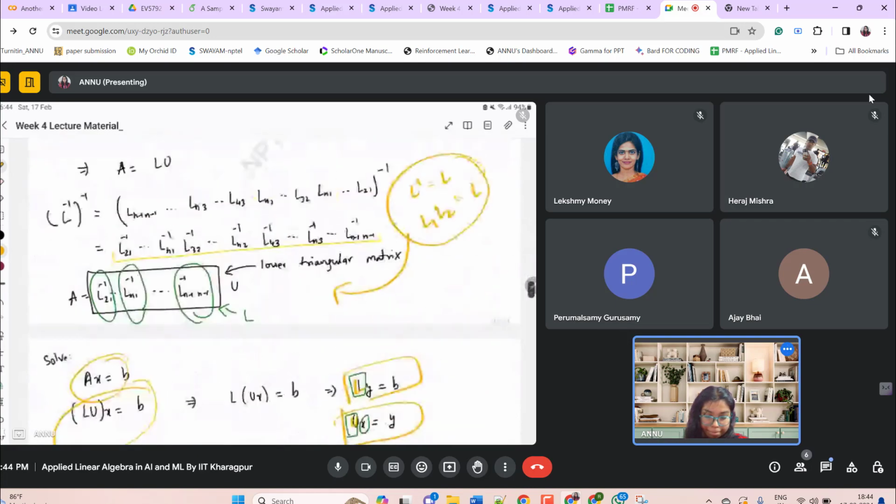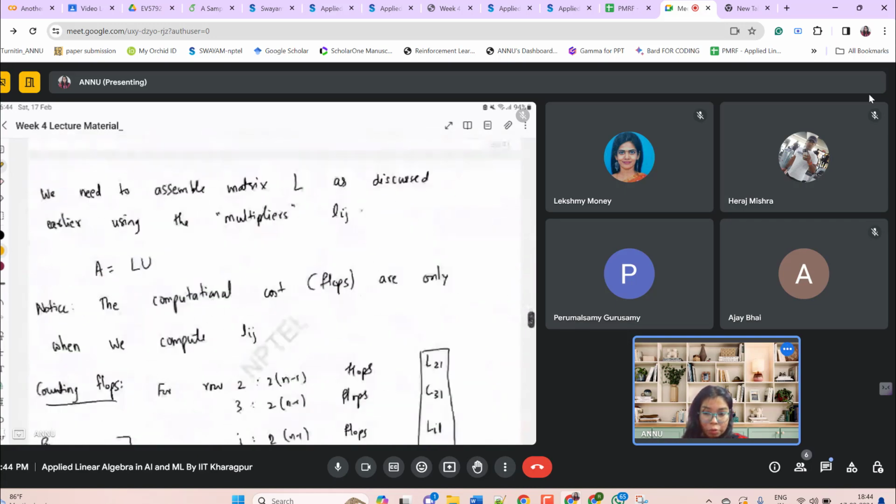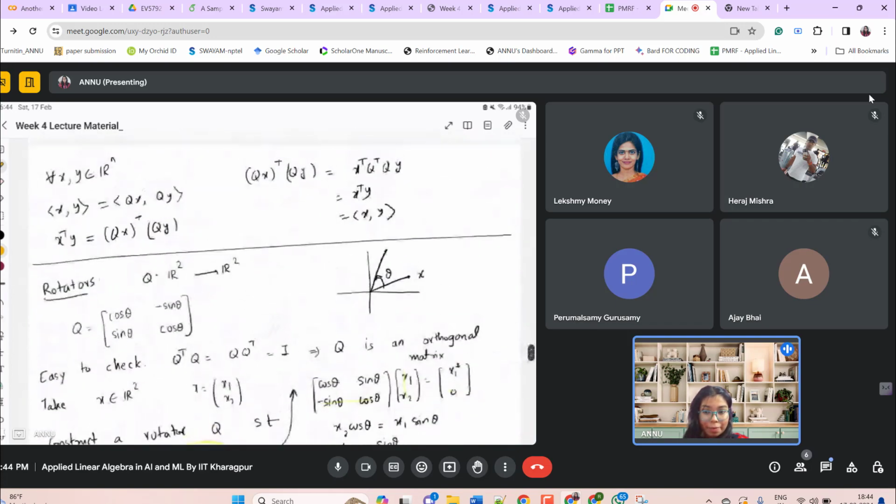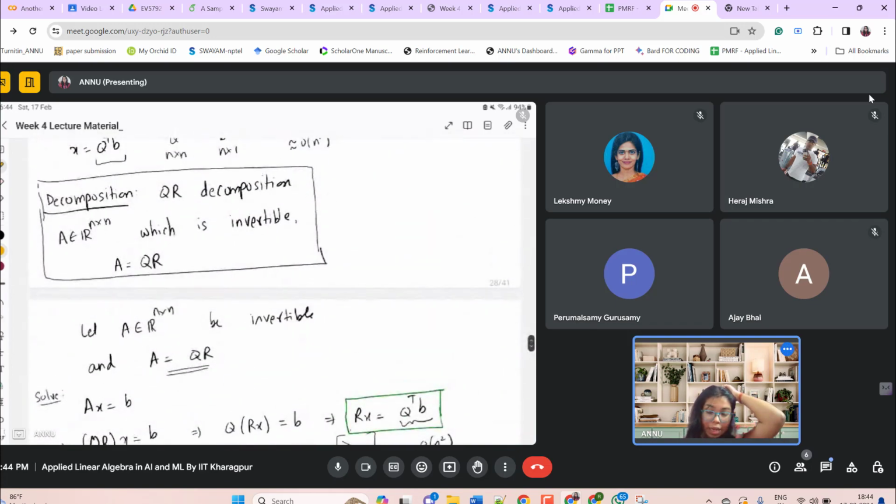I hope that up to LU decomposition it is clear. Now we will see some of the properties of orthogonal matrices, and in the same way we can write any invertible matrix, meaning its inverse should exist, in the form of QR. In LU, L is a lower triangular matrix and U was an upper triangular matrix.